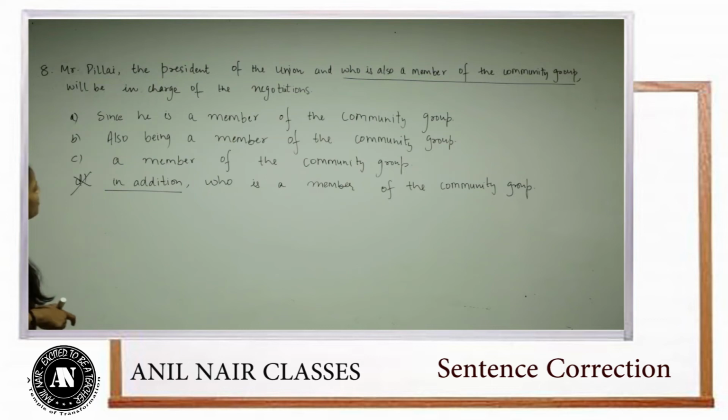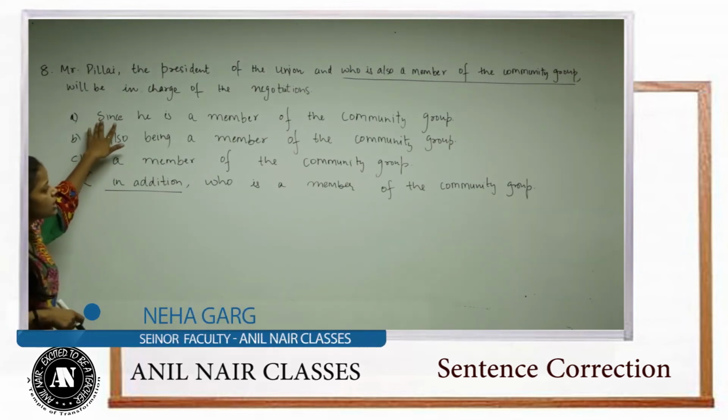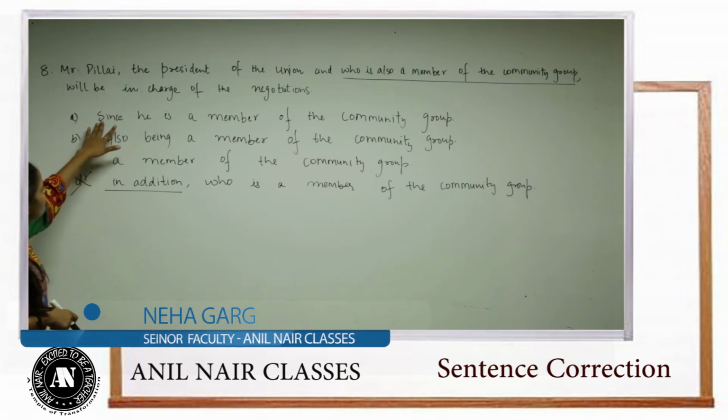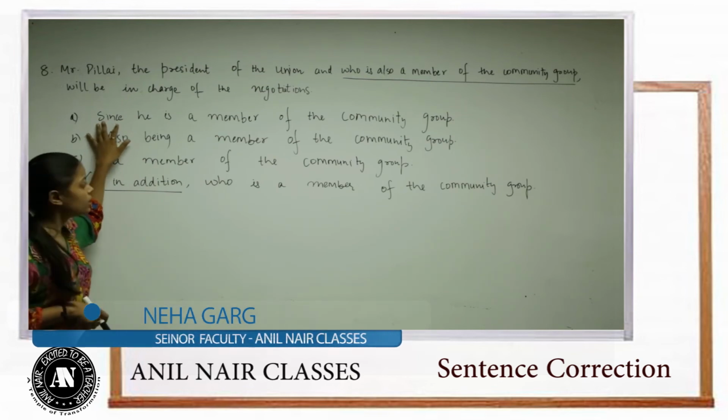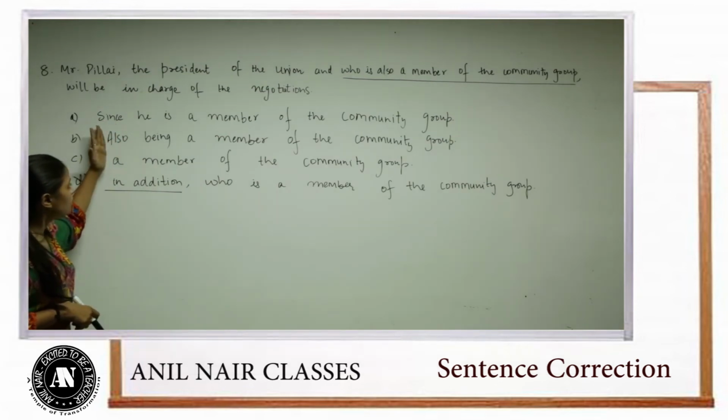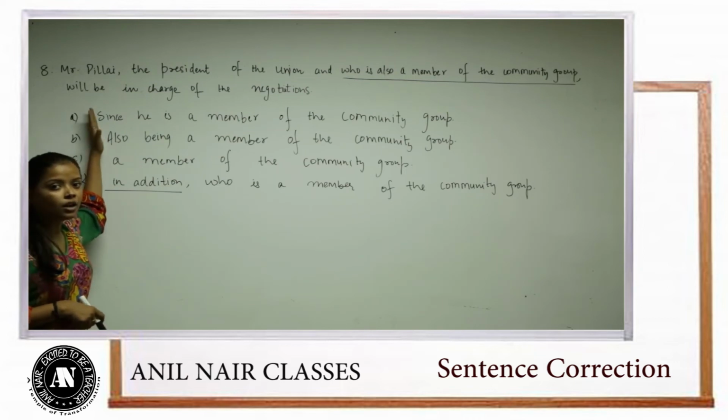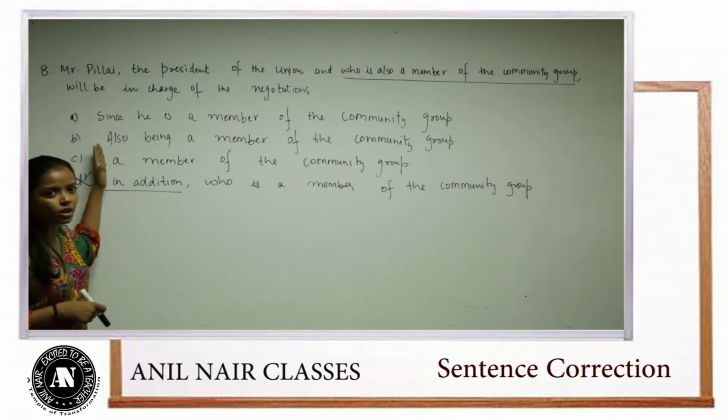Now it says, Mr. Pillai, the president of the union, and since he is a member of community group, will be in charge of the negotiations. Now here, tell me if we need the word "since", or do we at all need another word like "since" and "also"?